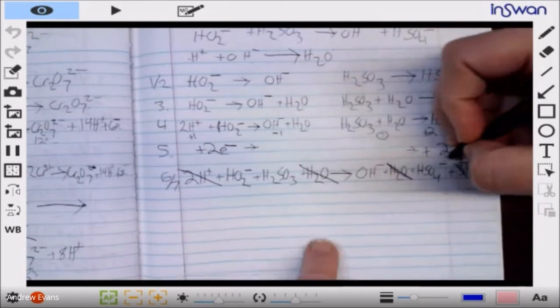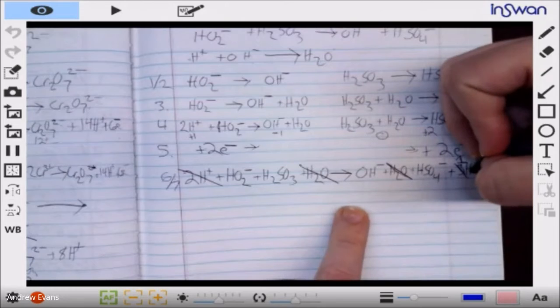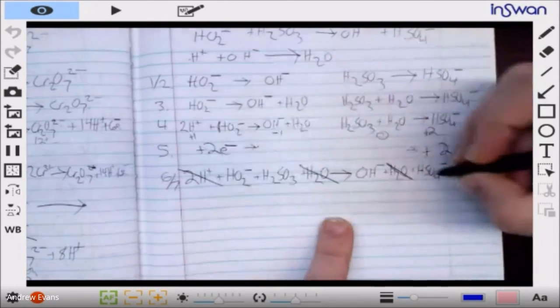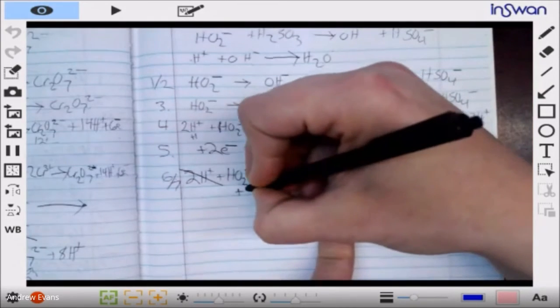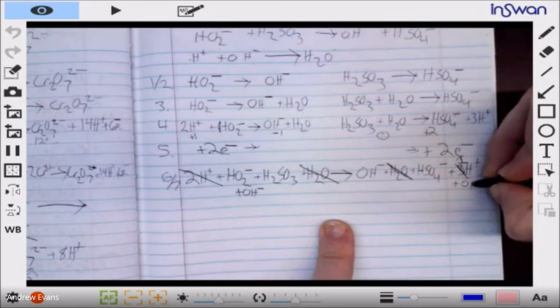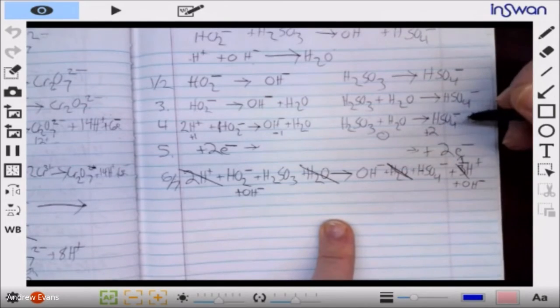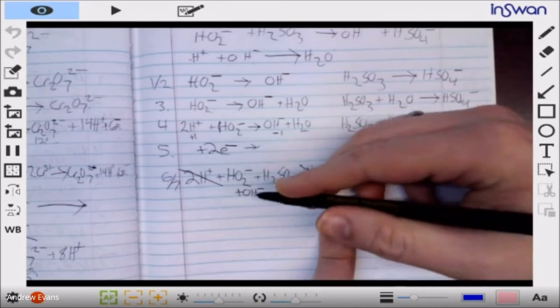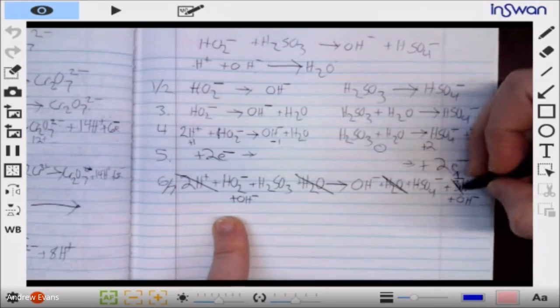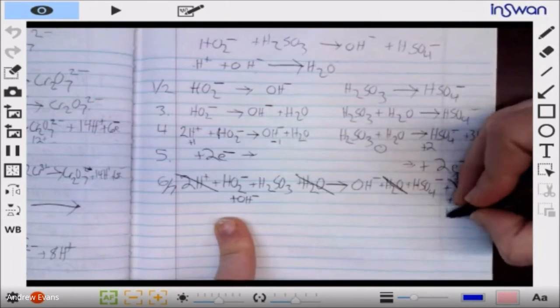Now, you could either make the math work and make this into a water, or you could do it like this. We're going to add 1 OH to both sides. For every H plus, we're going to add 1 OH to both sides. So there's 1 H plus, so I'm going to add 1 OH. For every time you add an OH to the H plus, that becomes water.